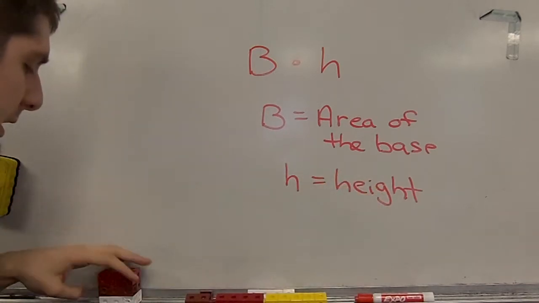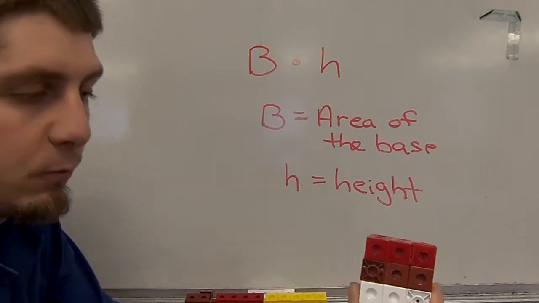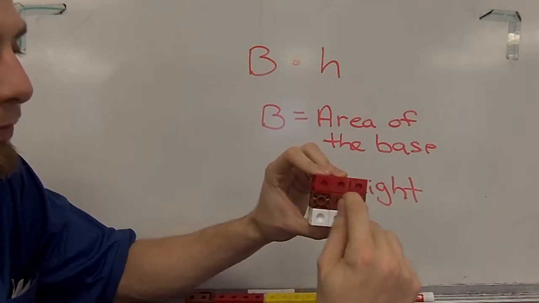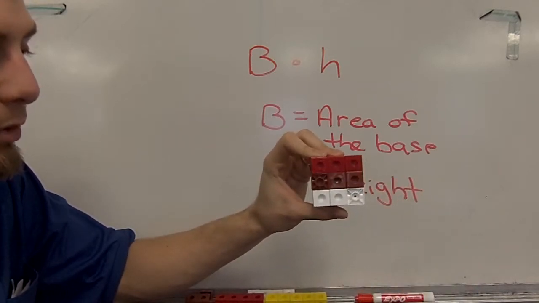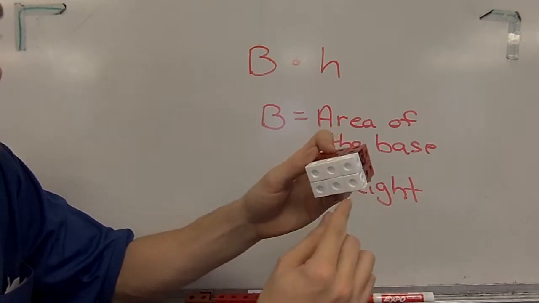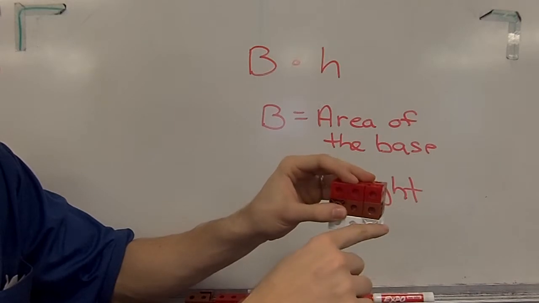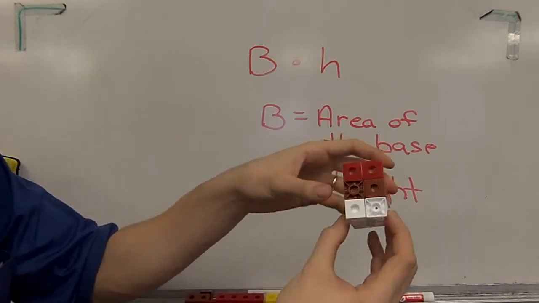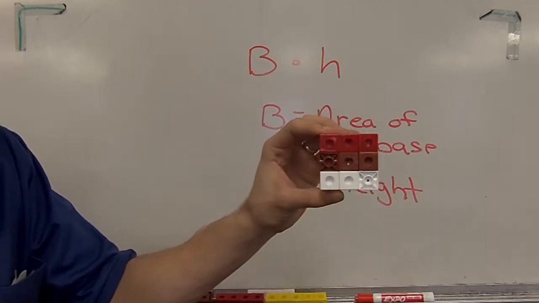Because remember, we're trying to split this shape into 1 by 1 by 1 inch cubes. So if I want 1 by 1 by 1 inch cubes, that means they have to have a height of 1 inch. So every 1 inch represents a layer of my figure. So I've got 6 cubes in the bottom layer. I've got 3 layers that are the same size as my first layer. The middle layer and the top layer are the same size as my bottom layer.